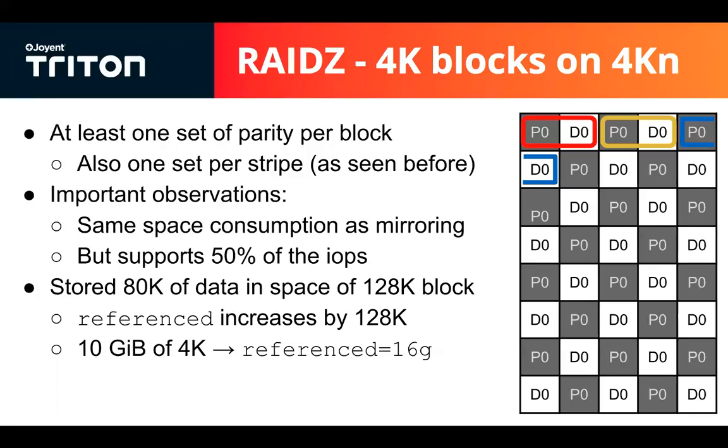So when you have 4K blocks on 4K disks, you wind up using as much space as you would if you were mirroring. So 160K of disk space can consume 80K of data.